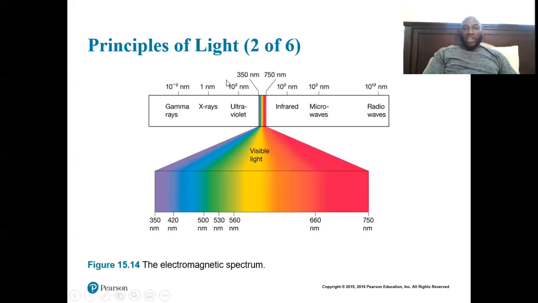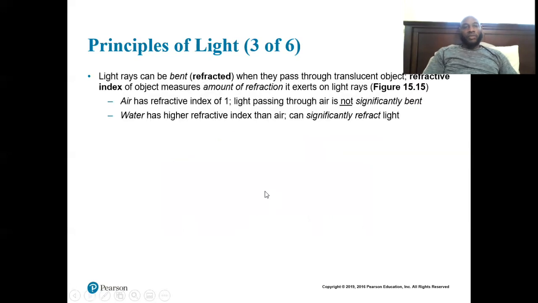We can't see gamma rays, X-rays, radio waves, or microwaves, but we can see waves with wavelengths from 350 nanometers to 750 nanometers. That's called visible light. Light can be bent, which is called refracted, when it passes through certain objects.